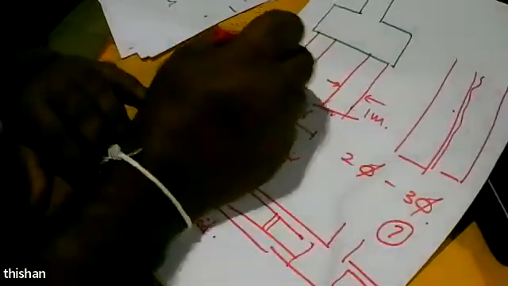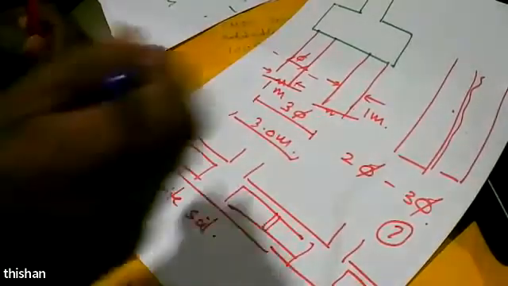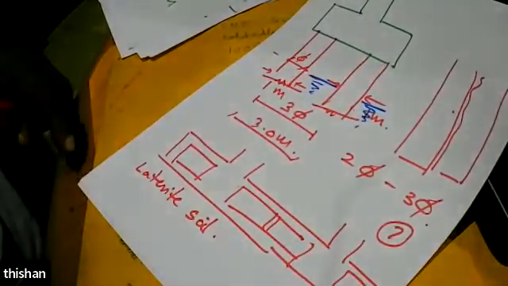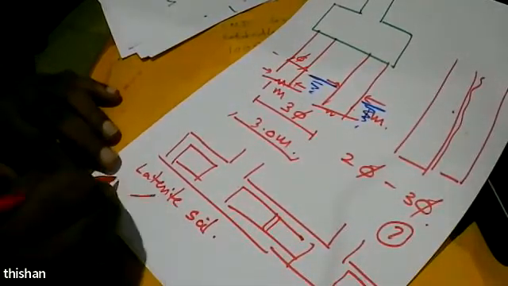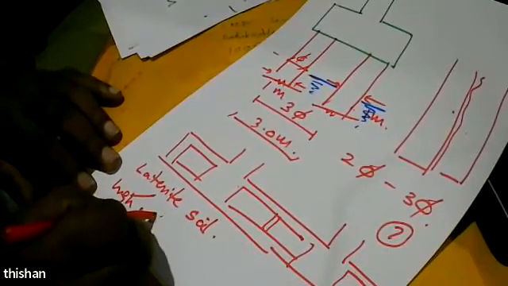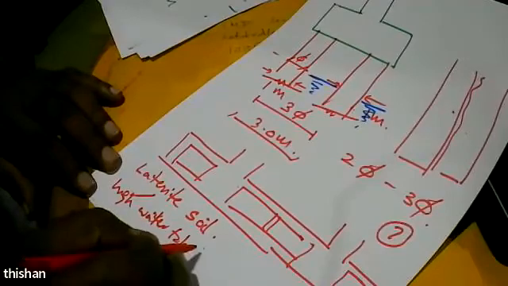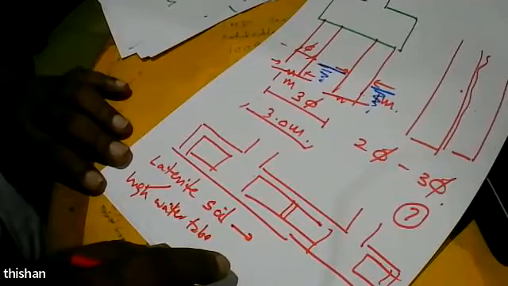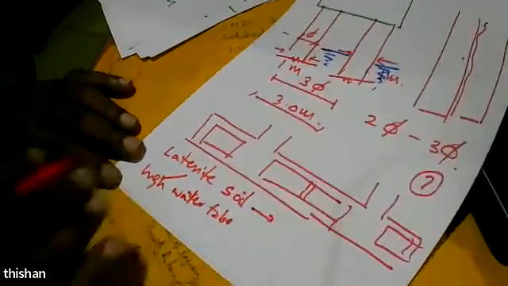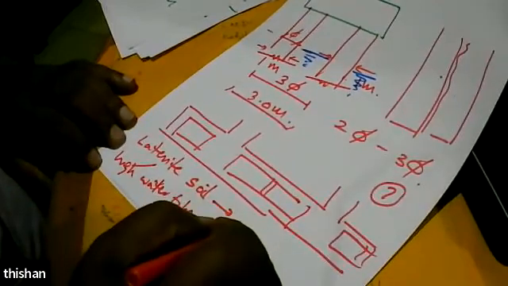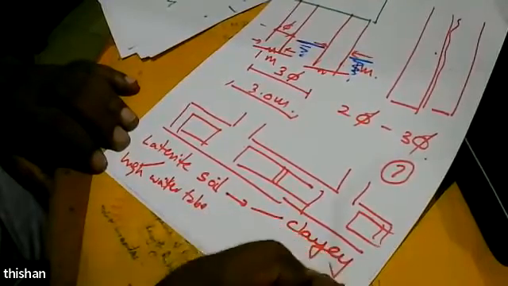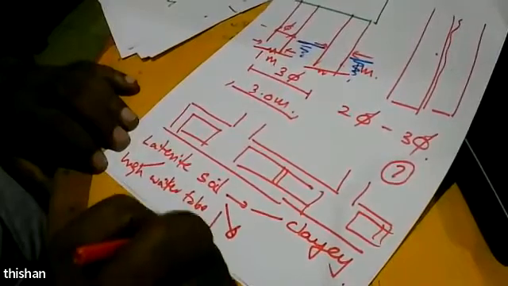But then, in our land, you might have the water table somewhere. So if the water table is high, laterite soil contains about 30% clay, so we have to model it as a clay soil. On the other hand, the water table is very low.